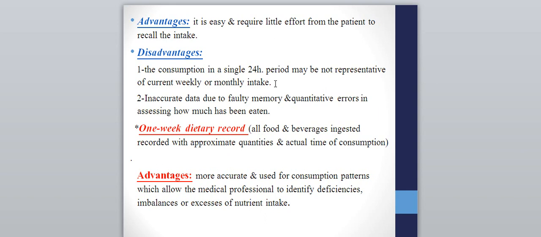So a 1-week dietary record, for all food and beverages ingested, recorded with approximate quantity and actual time of consumption, is more beneficial, but it is hard to collect and hard to remember. Its advantage is that it is more accurate and used for consumption patterns, which allow the medical professional to identify deficiencies, imbalances, or excess of nutrient intake.